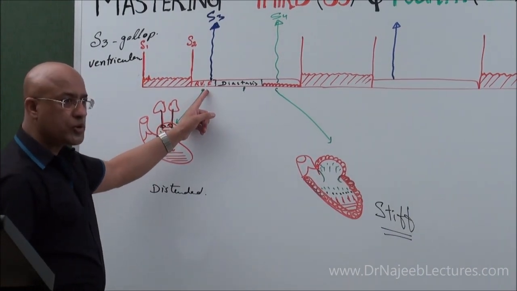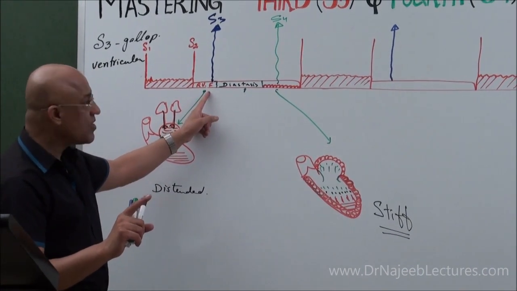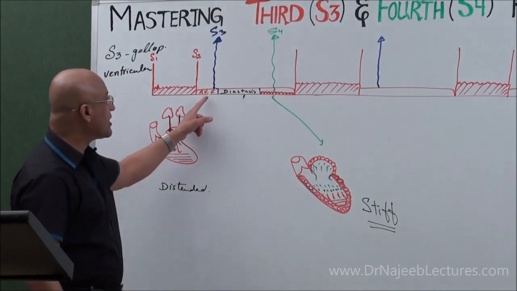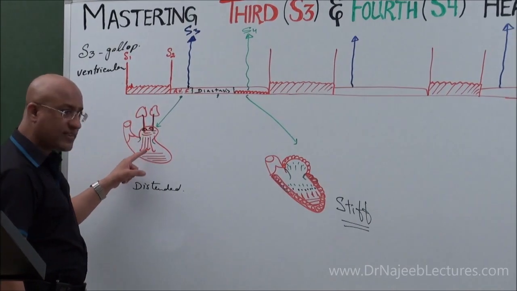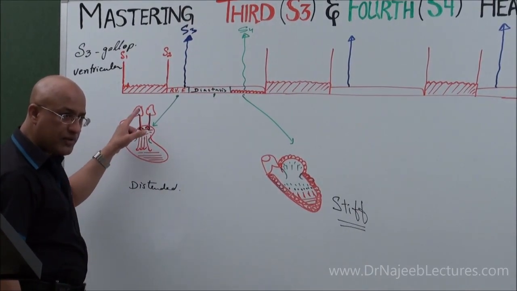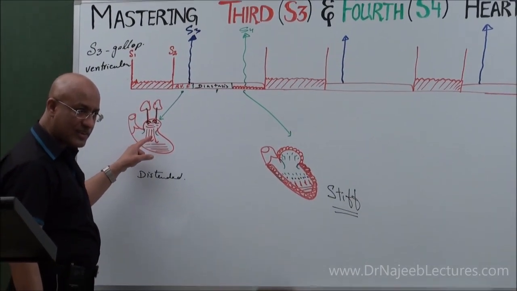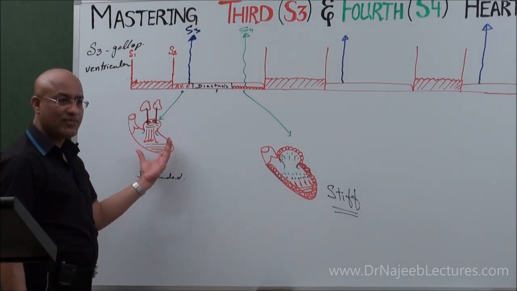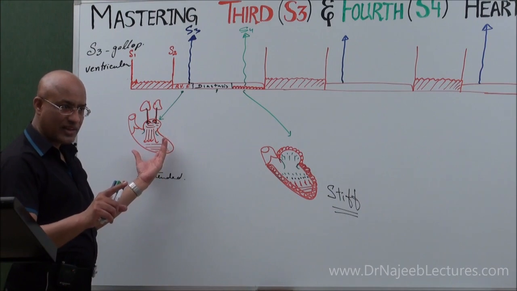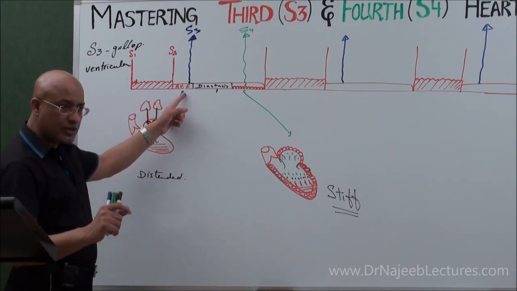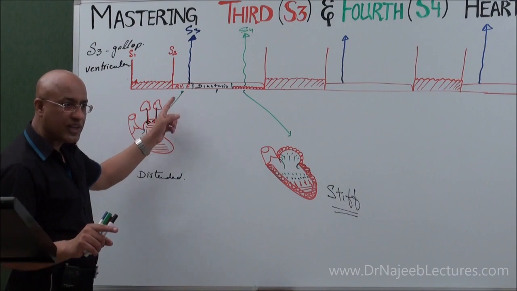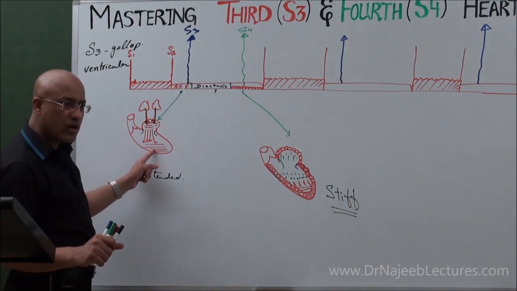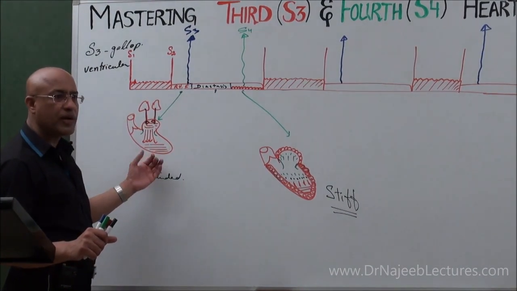The third heart sound is produced in early diastole, the fourth heart sound in late diastole. The third heart sound is produced due to rapid influx of blood, rapid filling of the ventricle into a distended, dilated ventricle, when blood is entering the ventricle and the ventricular walls have become taut.